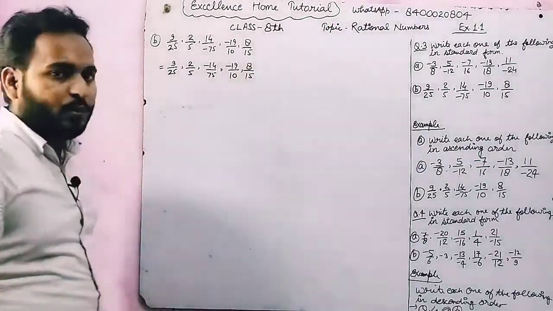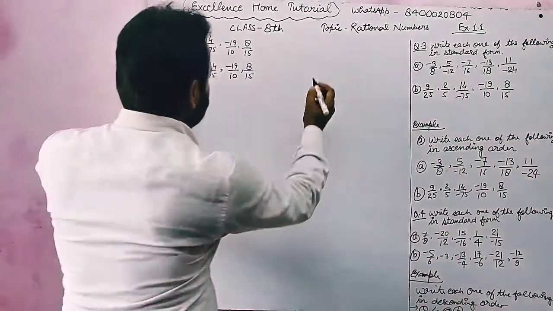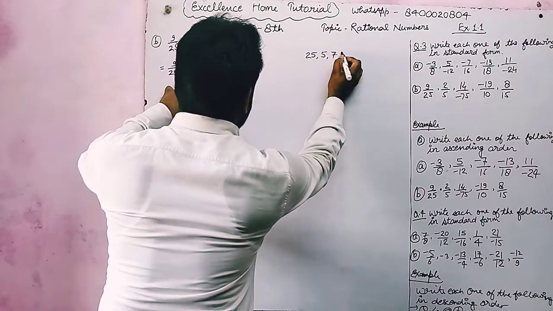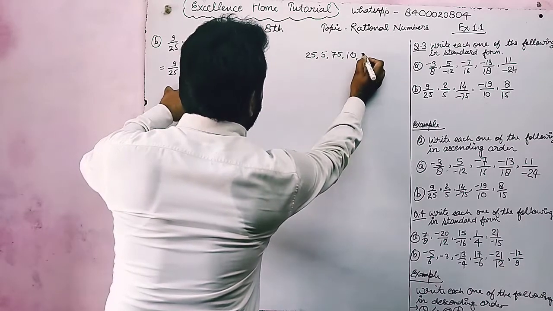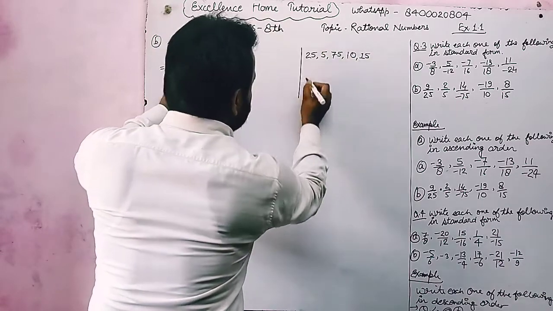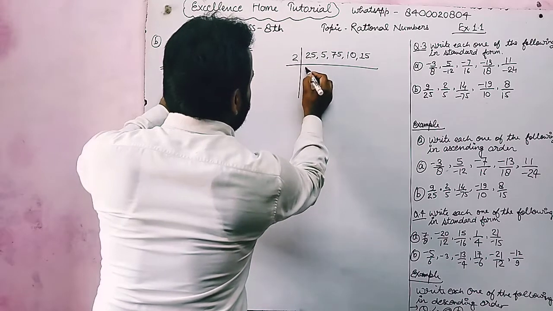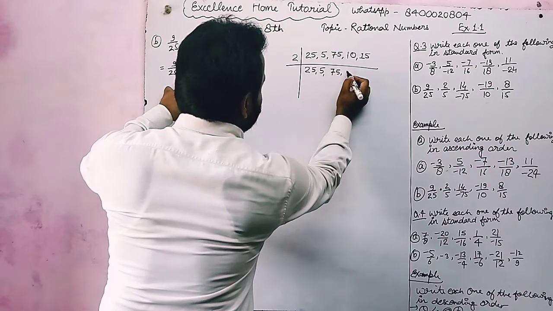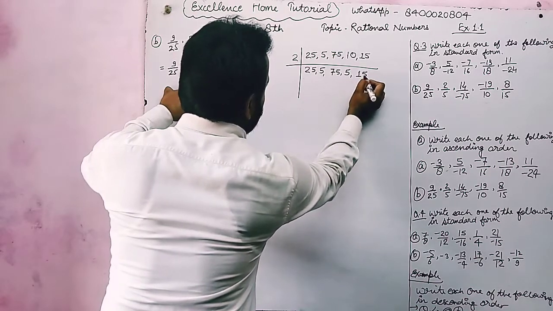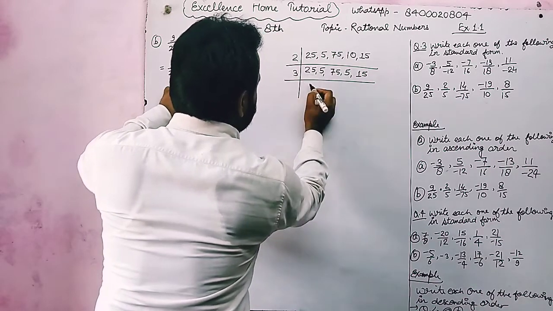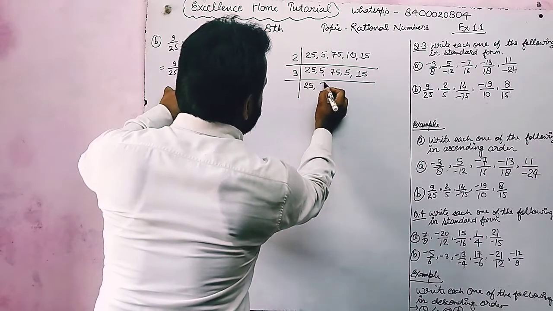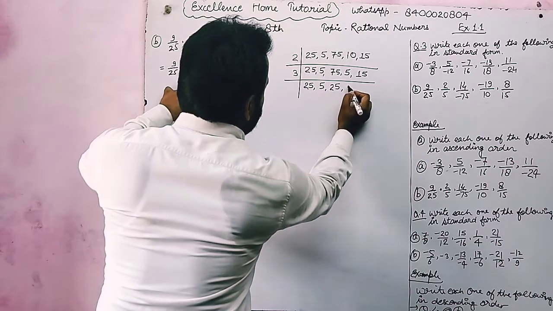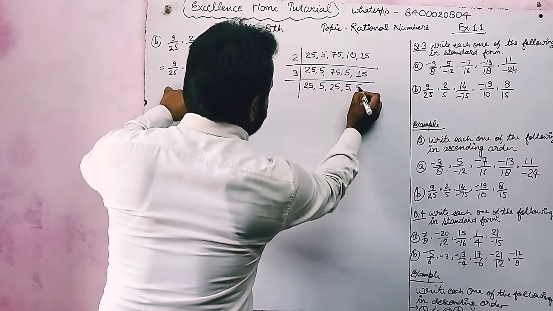After that, we have to find the LCM of 25, 5, 75, 10 and 15. So first of all, we divide these numbers by 2 and the result is this, and after dividing, 3, 25 is written as it is, 5, 3 2 ja 6, 3 5 ja 3 5 ja.